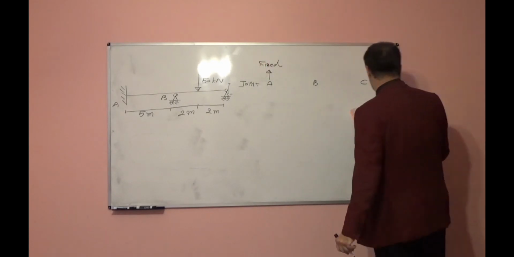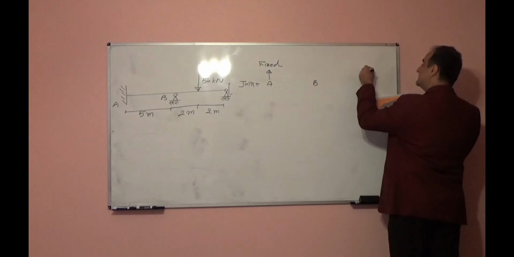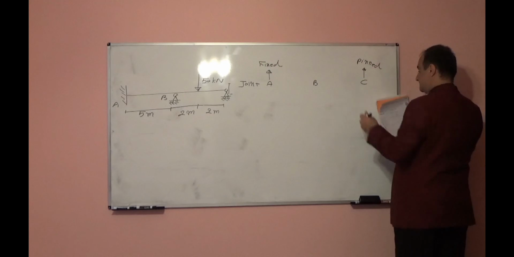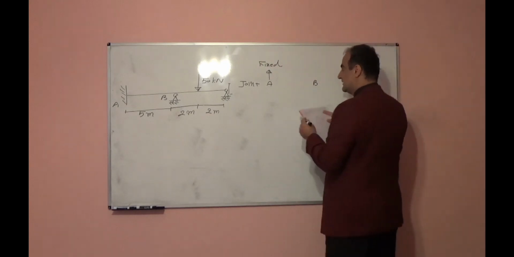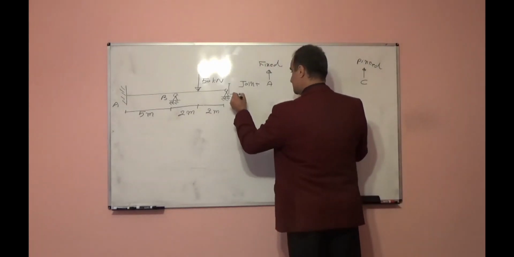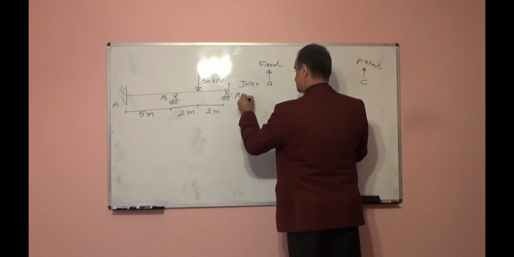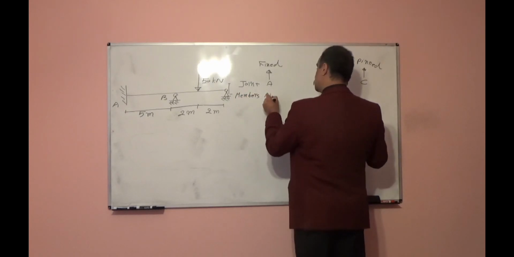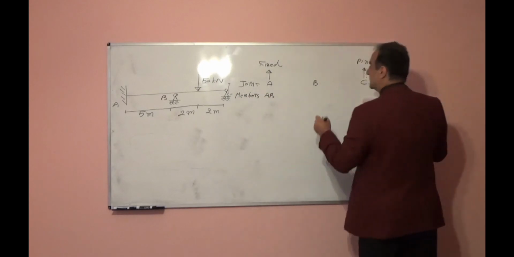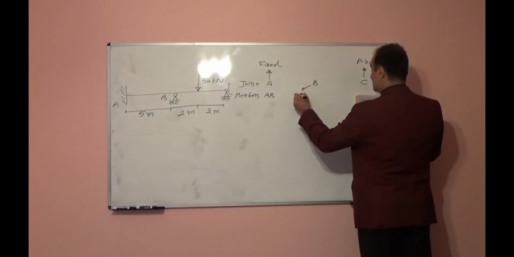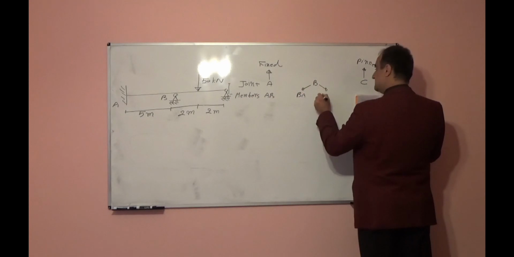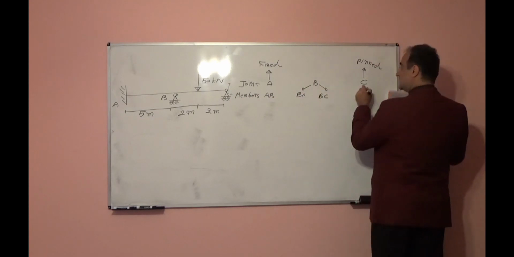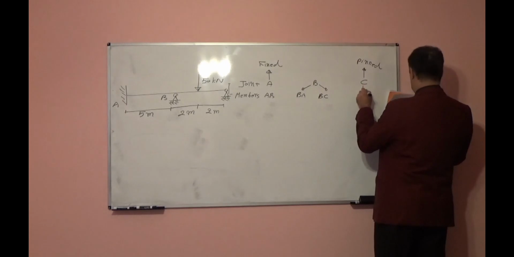Joint B it is continuous part, joint C it is pin. Then after joint we will write the members: member AB, member BA, member BC, member CD.